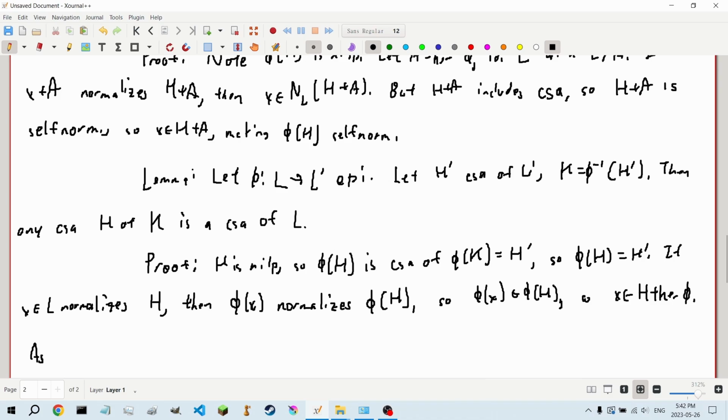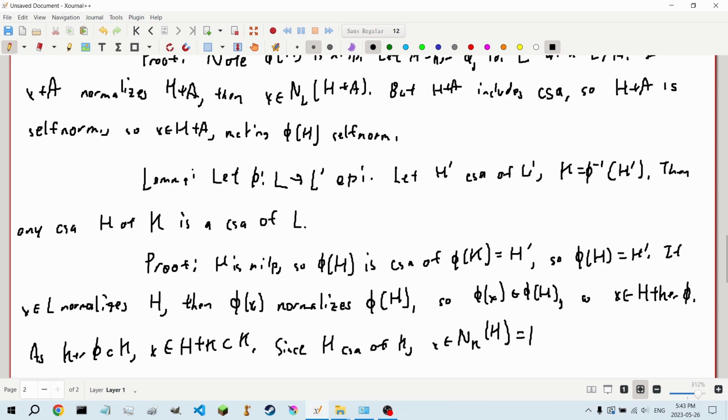As we know by construction that the kernel of phi lies within K, x must then be an element of H plus K, which lies within K. Since H is a Cartan subalgebra of K, x lies within the normalizer of H, which is H. And we're done.